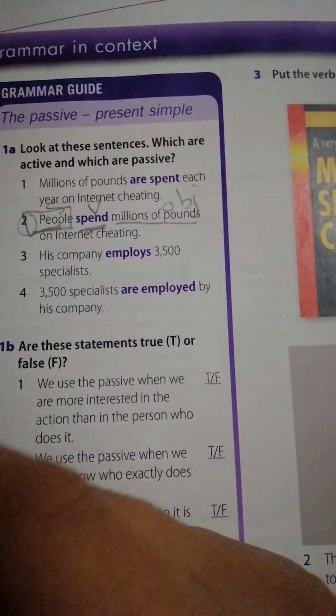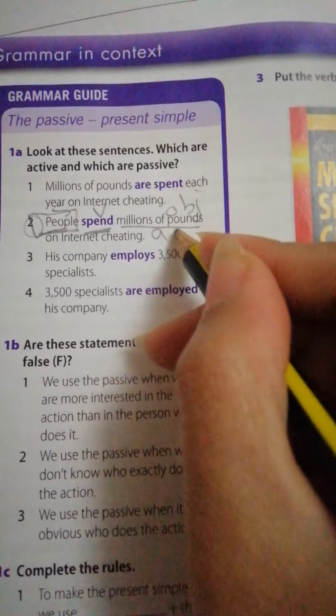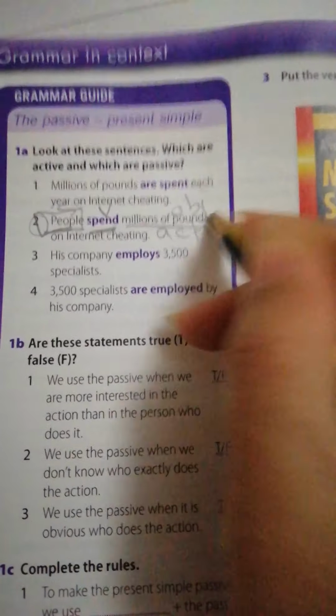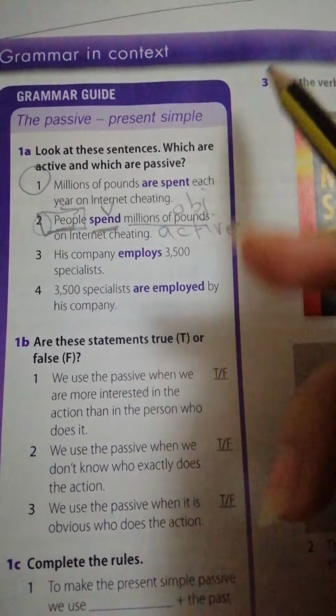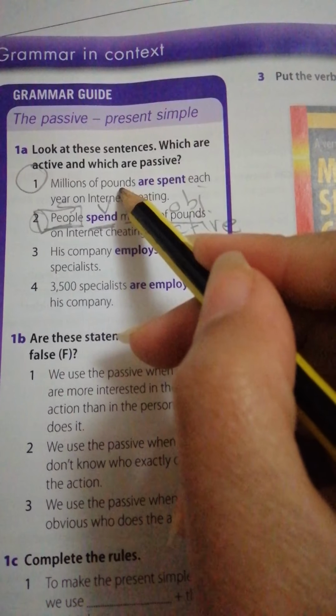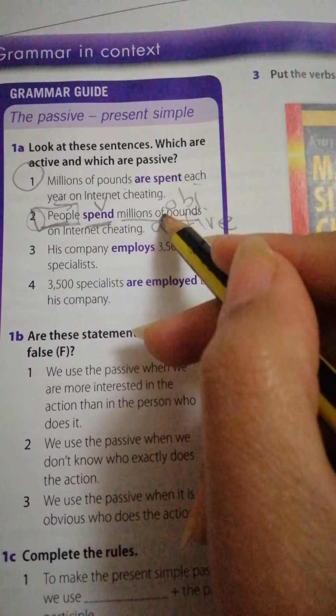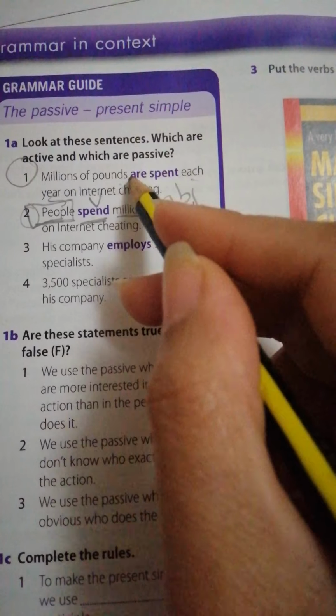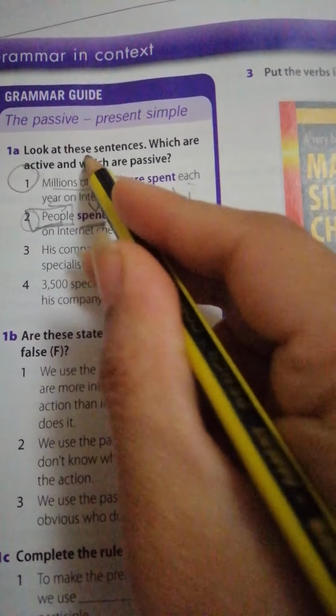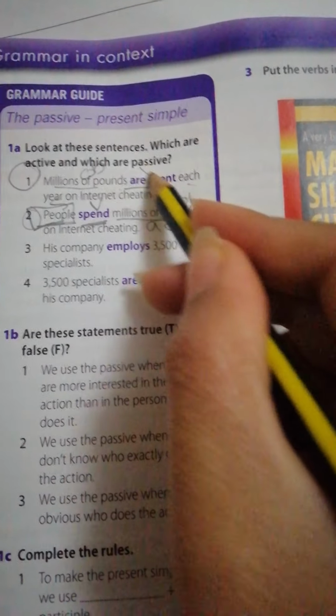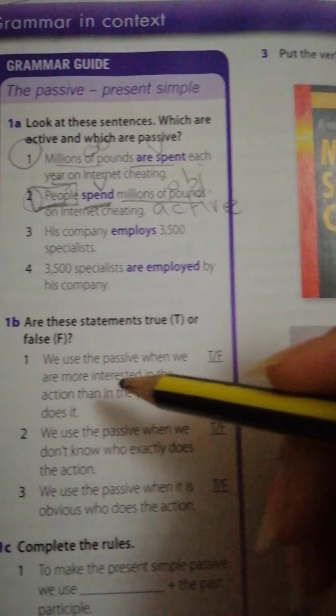Here the subject is in the sentence, so we call this an active sentence. Whereas in sentence number 1, millions of pounds is the object, and are spent is the verb, each year on internet cheating.